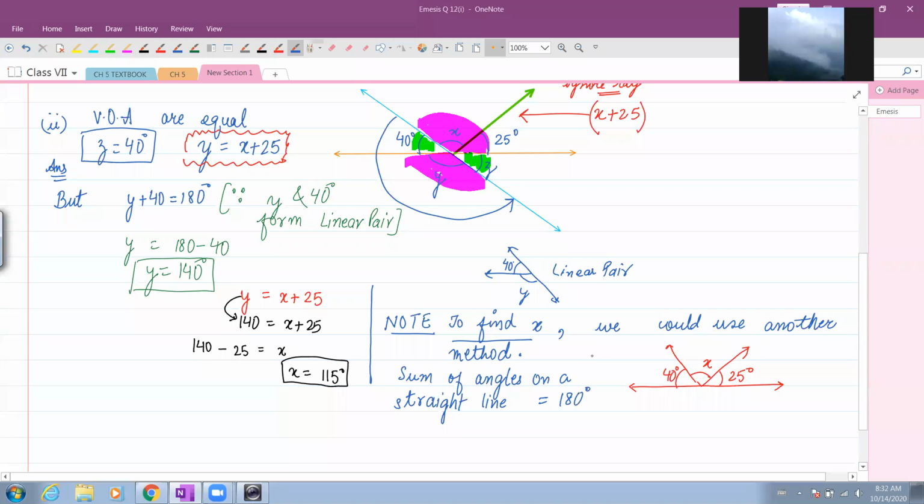So this is something we could use to find out X. If you have a straight line, you can see this is a line here, and on this line there are three angles, 40, X and 25. So the sum of these angles will be equal to 180. So 40 plus X plus 25 will be equal to 180, and from here you can find out X.